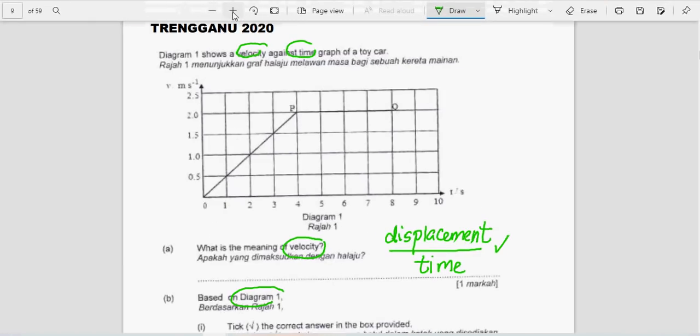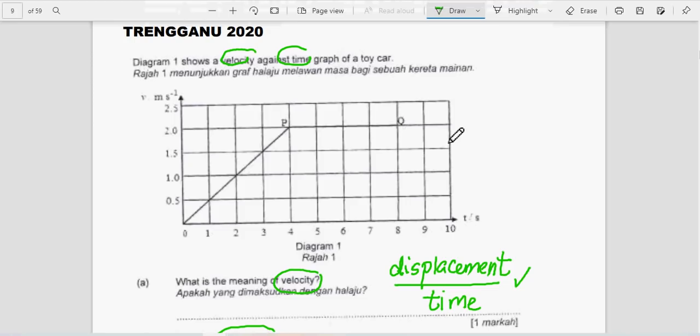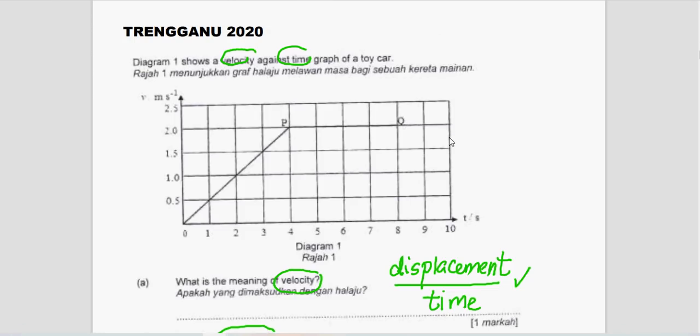If you want to write about the motion of the object at PQ, this is constant velocity. So for the jawapan, you can write the car moves at a constant velocity at PQ, and the velocity is 2 meter per second.